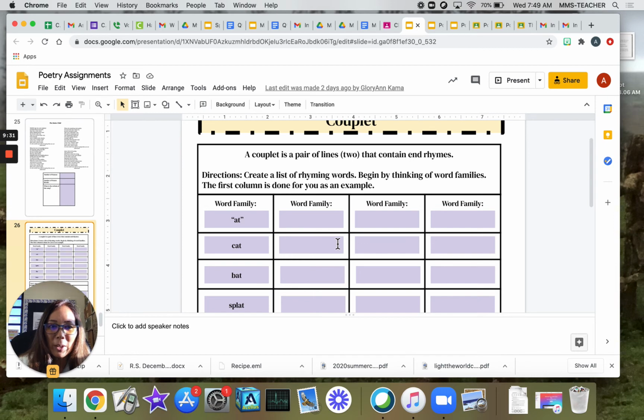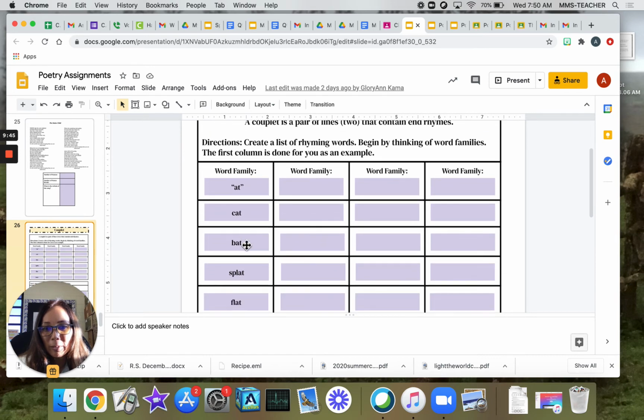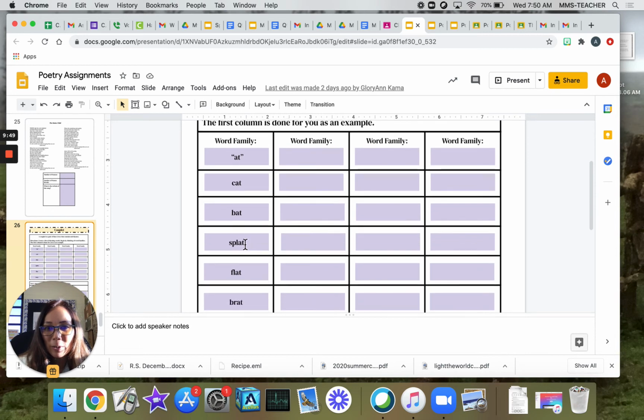Begin by thinking of word families. The first one is done for you as an example. So think of a word family first. We thought of "at," and below "at," write all the words that would rhyme with "at."